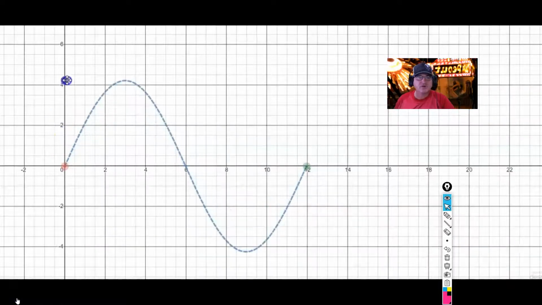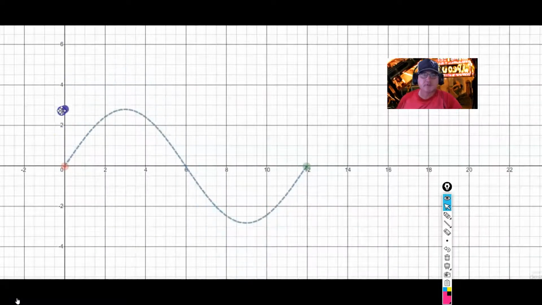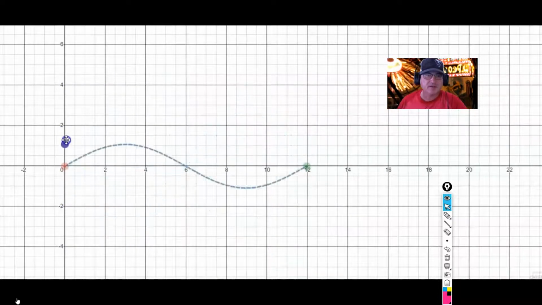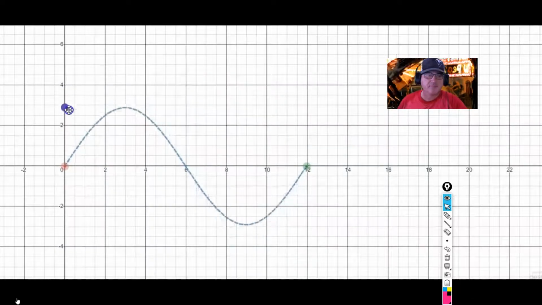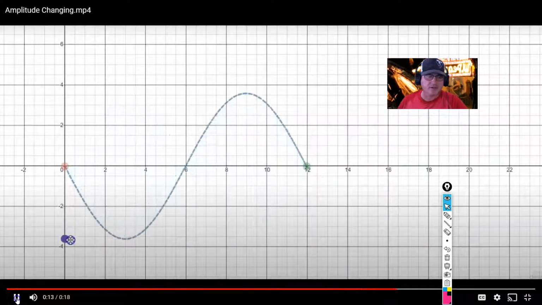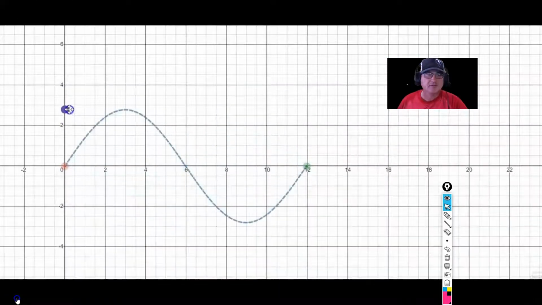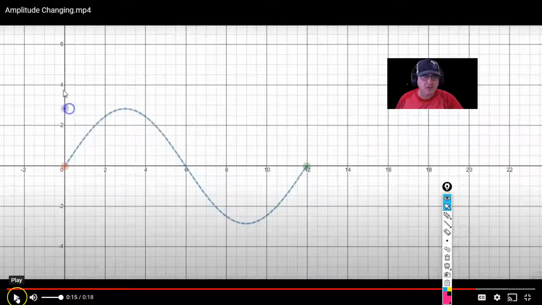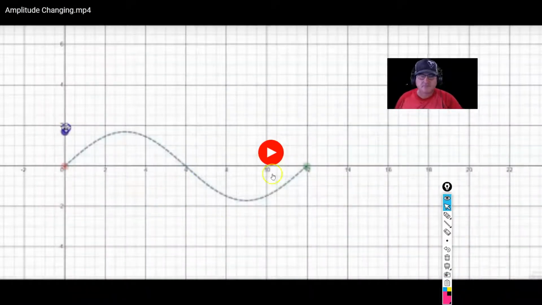So this would be turning the volume up, turning the volume down, flipping it. So the shorter the amplitude, the lower the volume. All right, that's our amplitude.